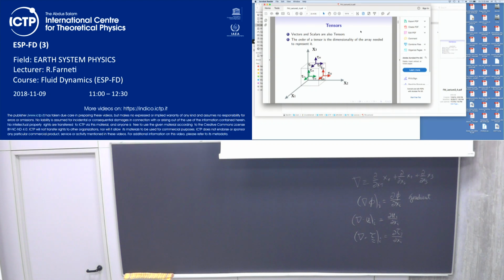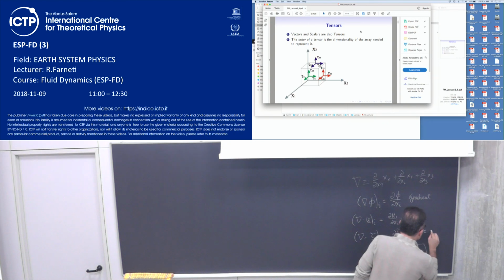Skip this. So a nice exercise that you could do is to prove that the divergence of the curl of any vector field is equal to 0. Okay, just by using the divergence theorem.